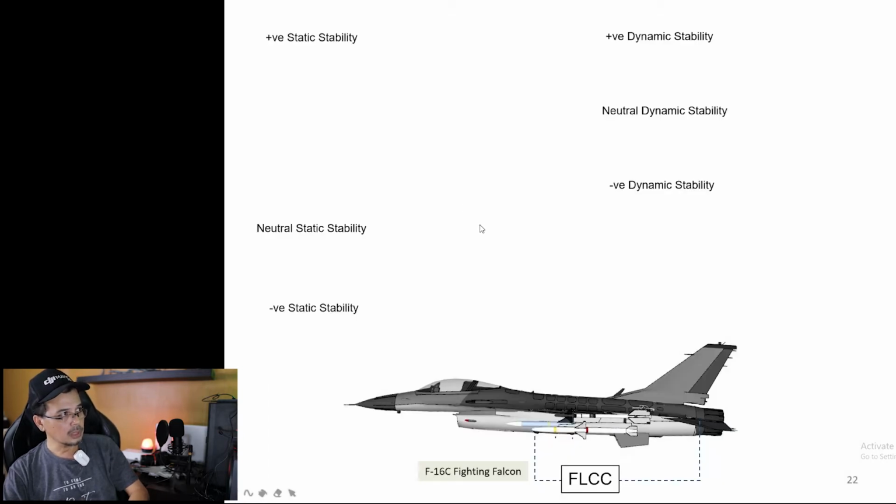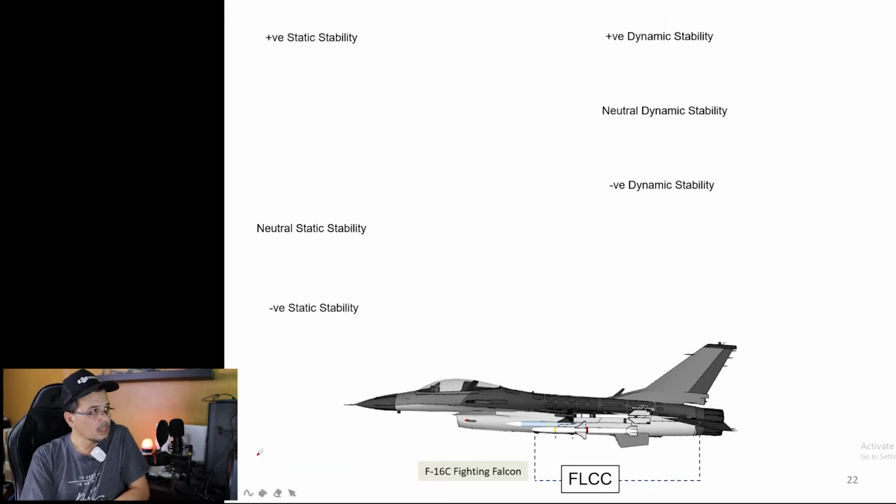So what we call positive, kita divide into static dan dynamic. Dynamic adalah time domain. So for static stability, kita ada neutral stability dan negative static stability, and then later on kita akan cakap pasal positive, neutral and negative dynamic stability. So kalau kita boleh buat analogi, contoh kita ada bowl dan kita ada bola kat tengah-tengah.